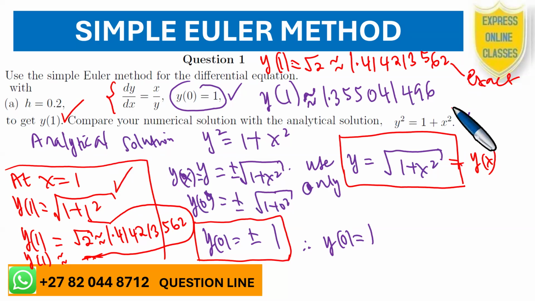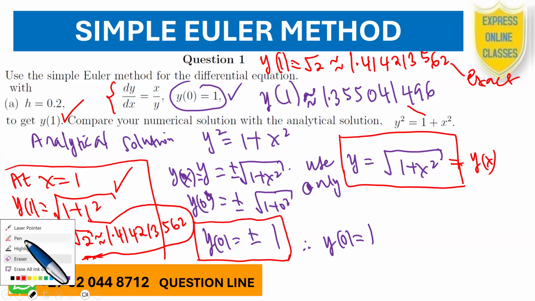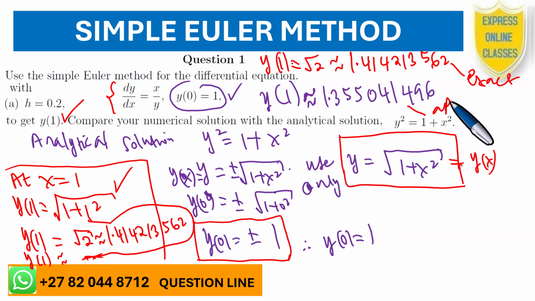The square root of 2 is accurate, but it is approximated as 1.41, etc. This one here is approximate.